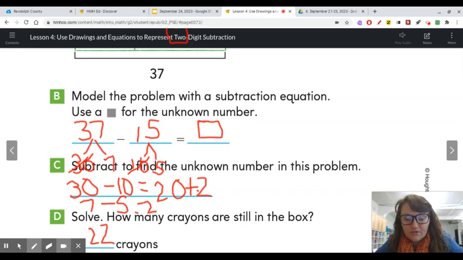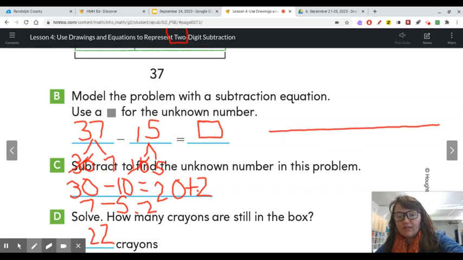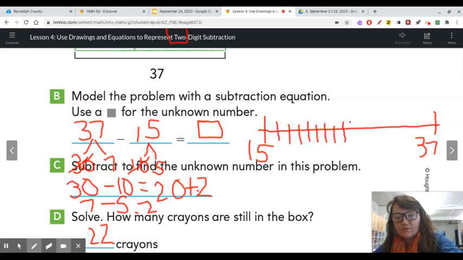Like I said, you can solve it any way you want. You can even use a number line if you'd like. So if you want to use the number line instead, you start at 15 and go up to 37. And you count up 15, 16, 17, all the way up to 36. Okay, so it took me a little bit to squish them all in, but that's okay.